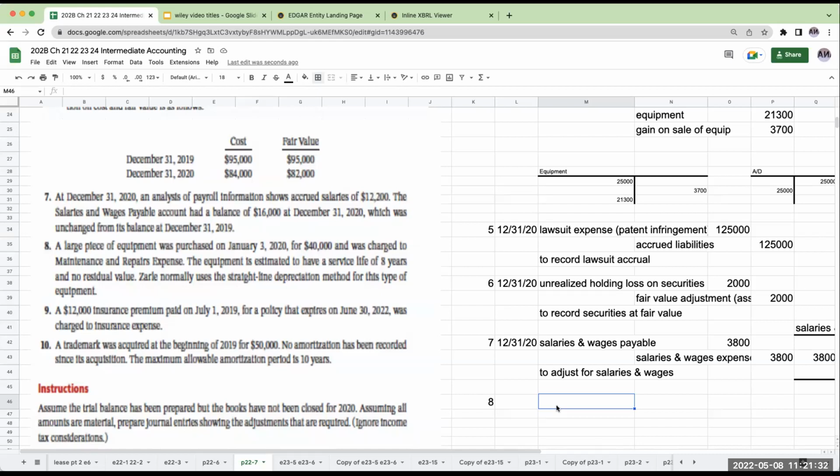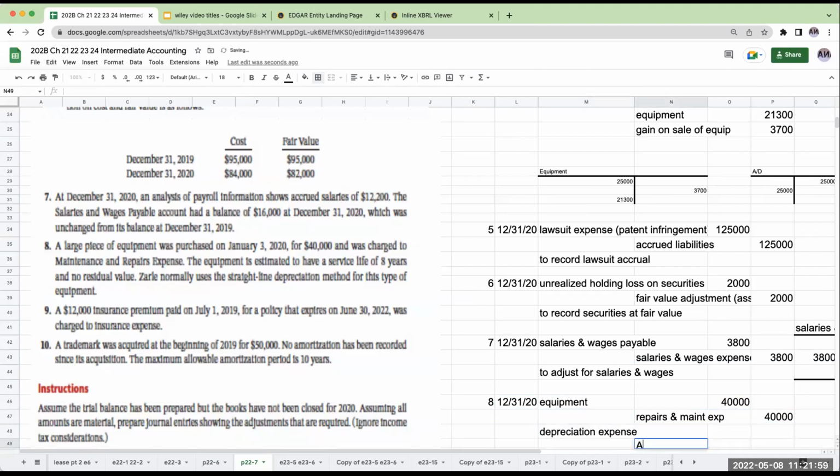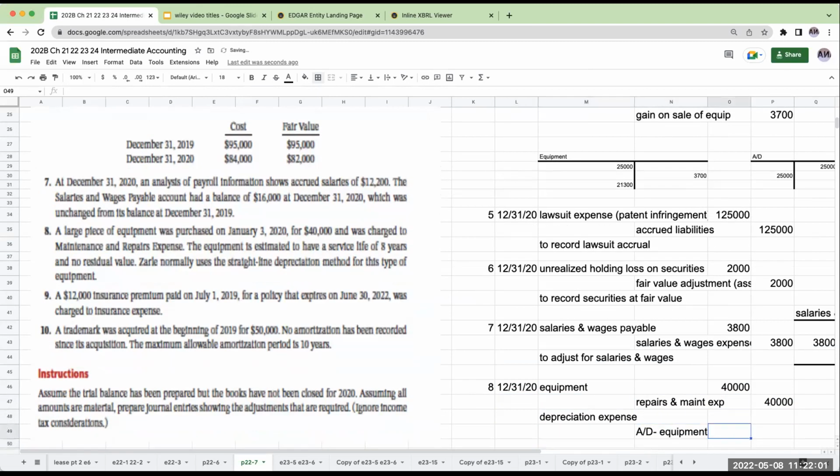So over here, we're going to debit equipment for $40,000, and we're going to credit repairs and maintenance expense for $40,000. And we'll do this on 12/31/20. Now, in addition to this, I also have to depreciate the equipment. I owned it for the full year, so my depreciation expense, and I'm going to credit accumulated depreciation on equipment.